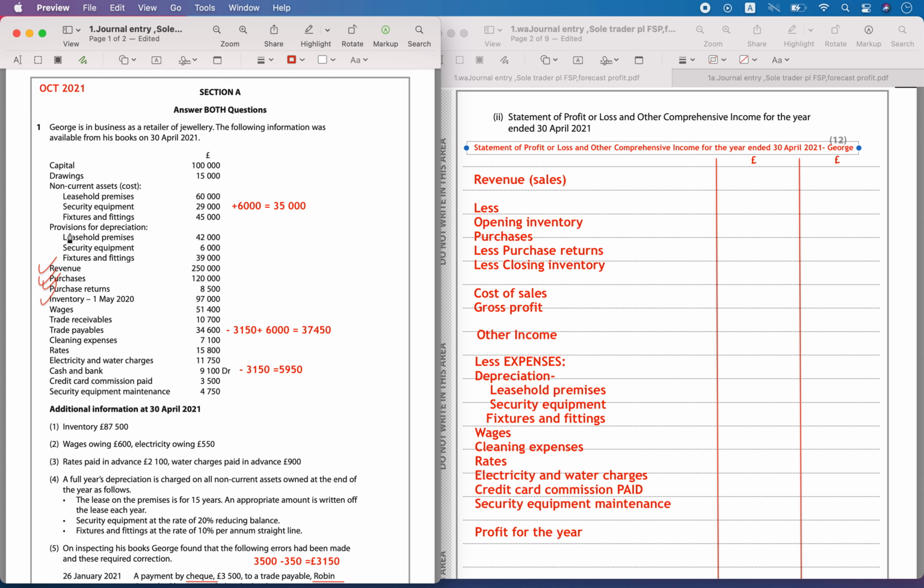Then you should be able to tell what the closing inventory is. So closing inventory is here.